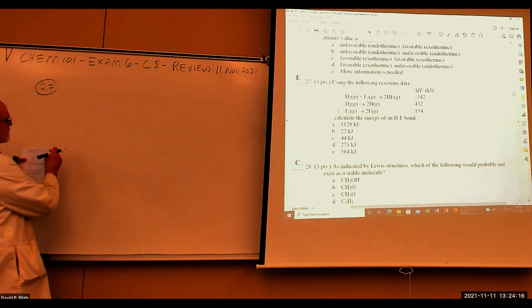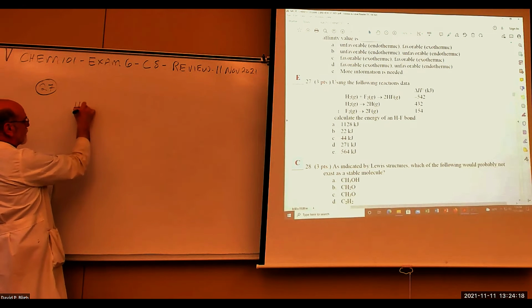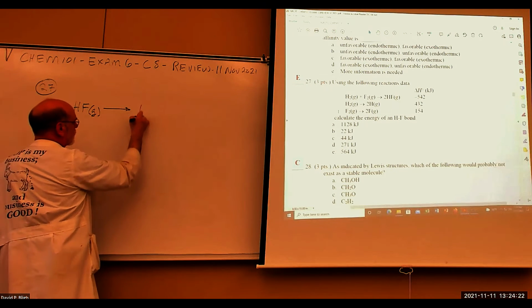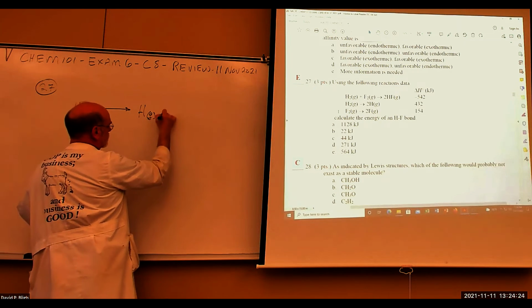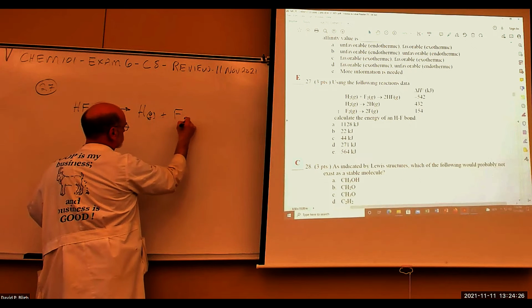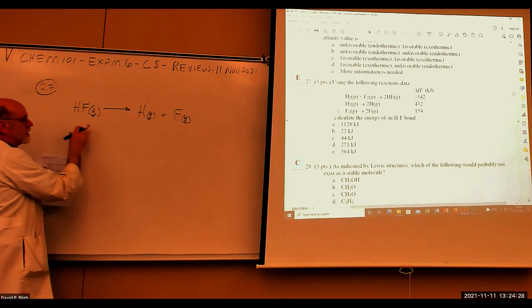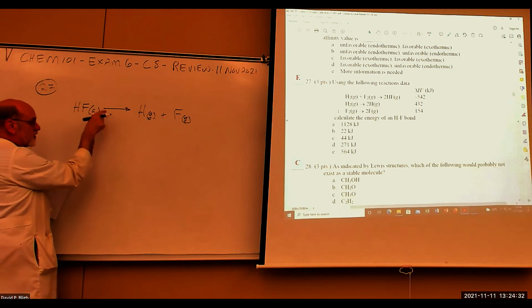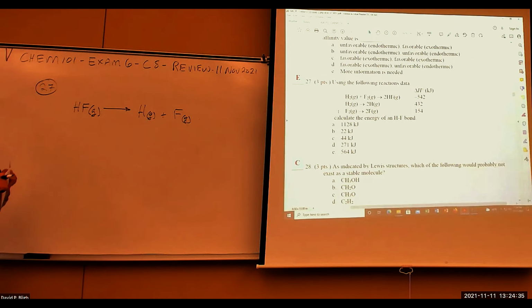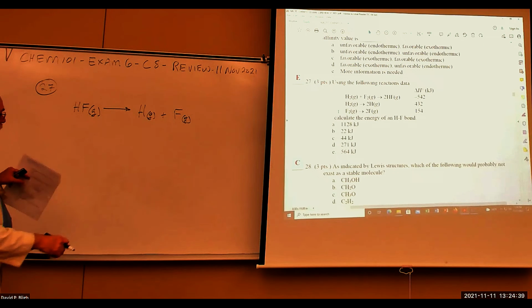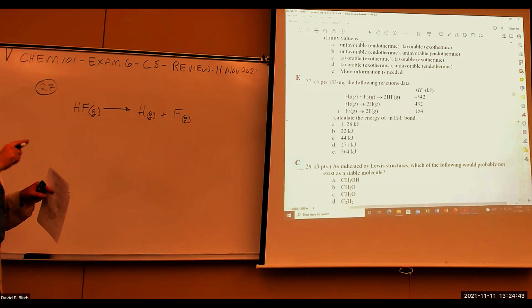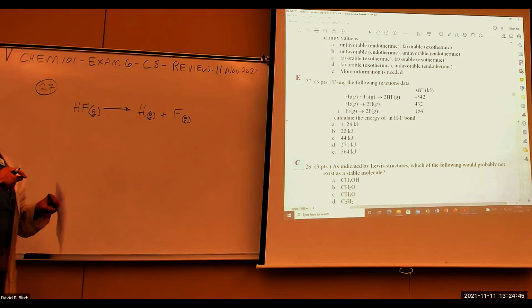Bond energy would be HF gas yields H gas plus F gas. Individual atoms from this molecule. How much energy goes into that? Okay, so now this is our target equation. That's the real trick to this one. After this, it's just Hess's law.